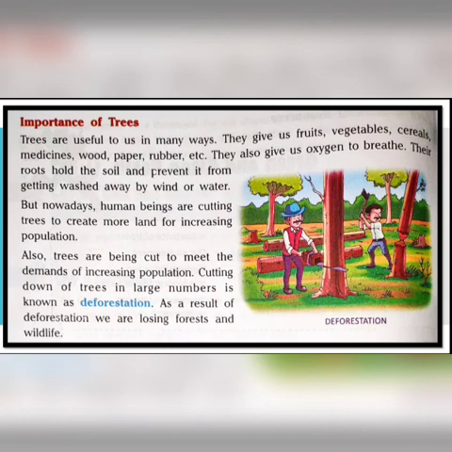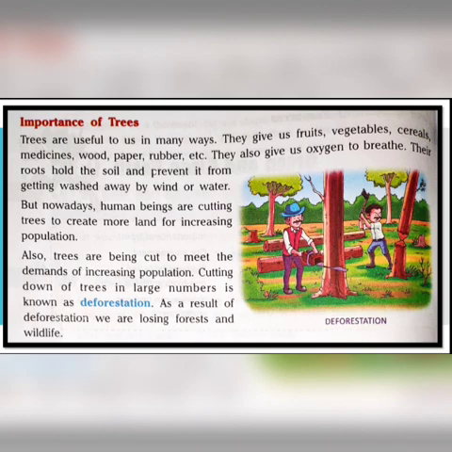If we cut down the trees, then it will be harmful for all the living things. Also, trees are being cut to meet the demands of increasing population. Cutting down of trees in large numbers is known as deforestation. And as a result of deforestation, we are losing forest and wildlife.